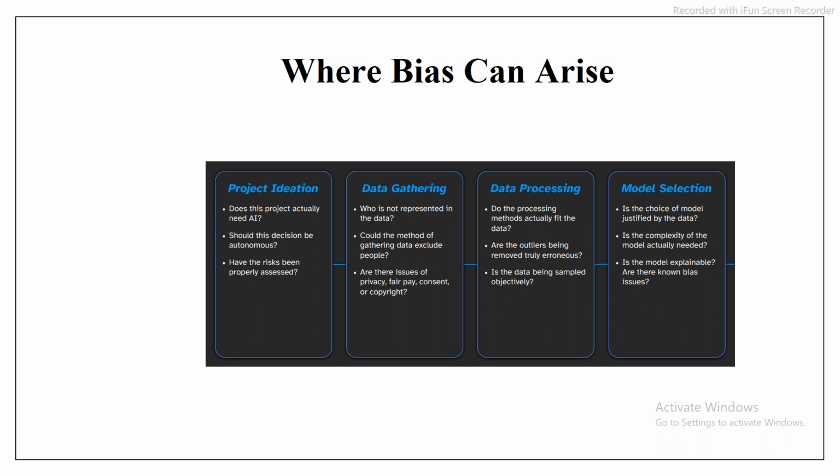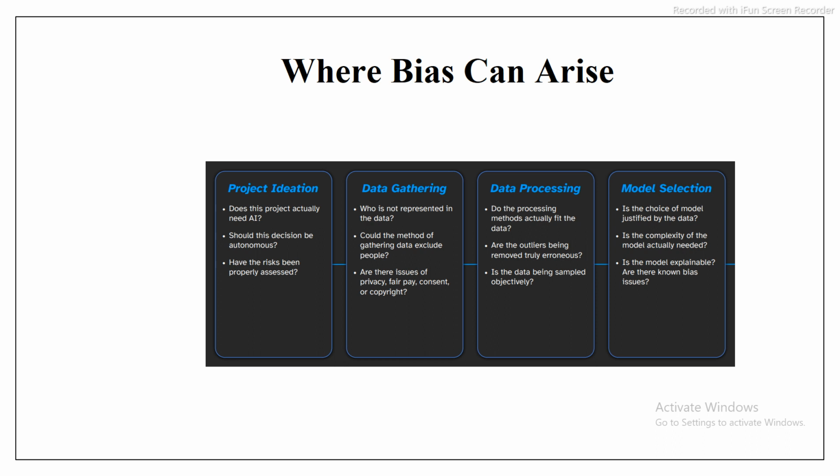You cannot select logistic regression here. If you select logistic regression, your model will be highly biased because it is only going to capture linear surfaces. Is the complexity of the model actually needed? For example, if your model is highly interpretable and you are using a black box unnecessarily, for example a neural network, that is not justified.